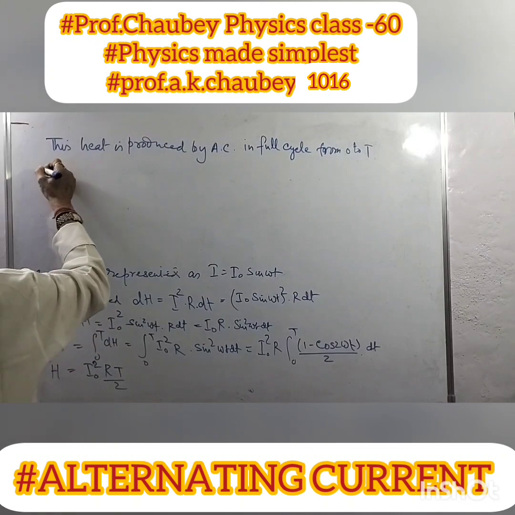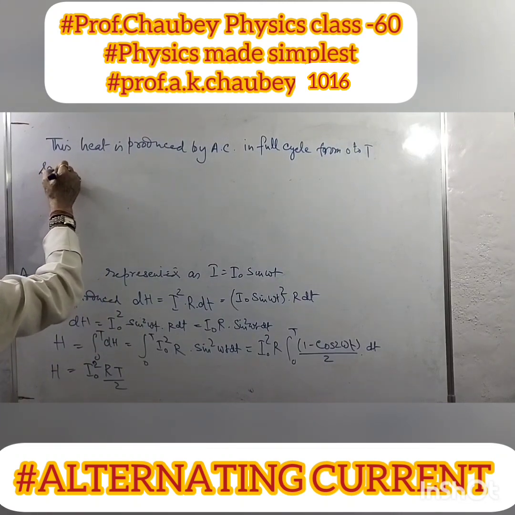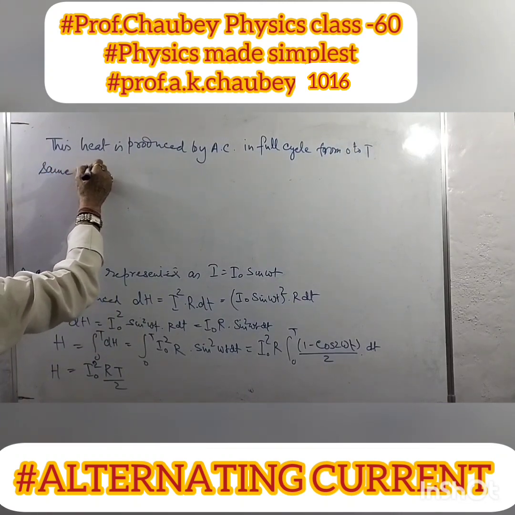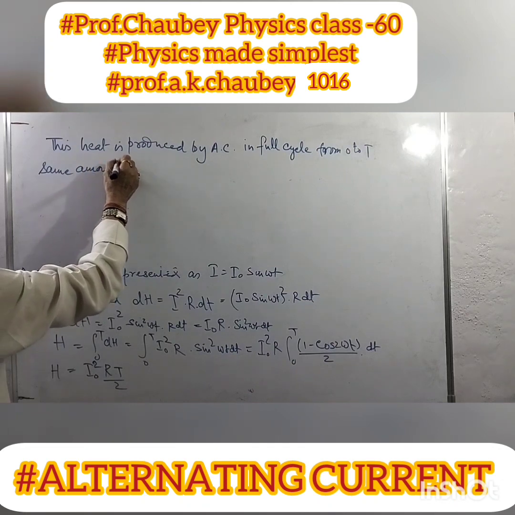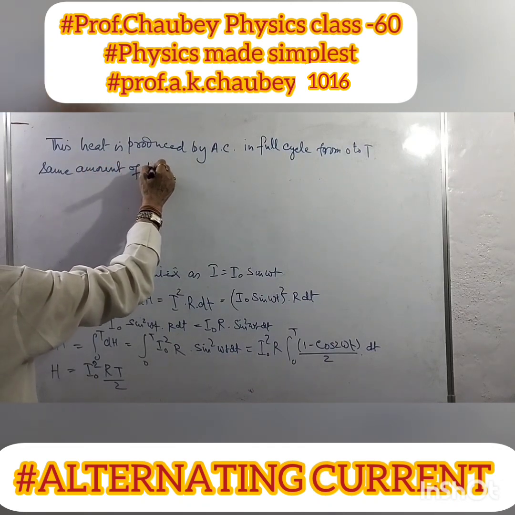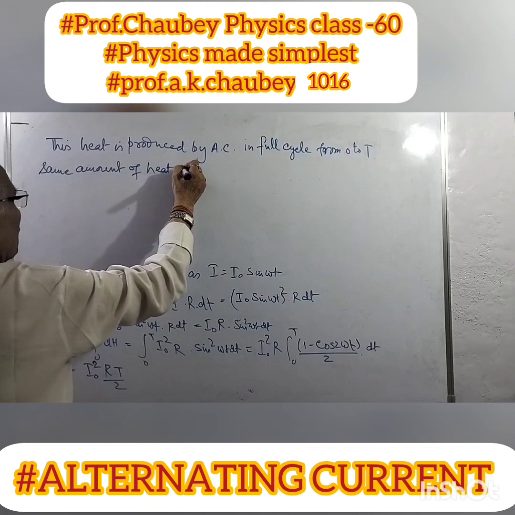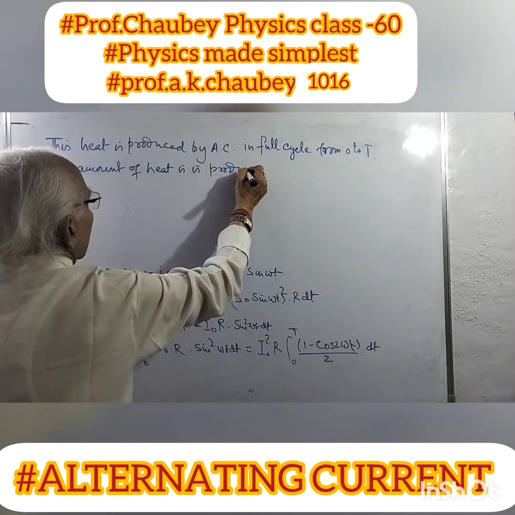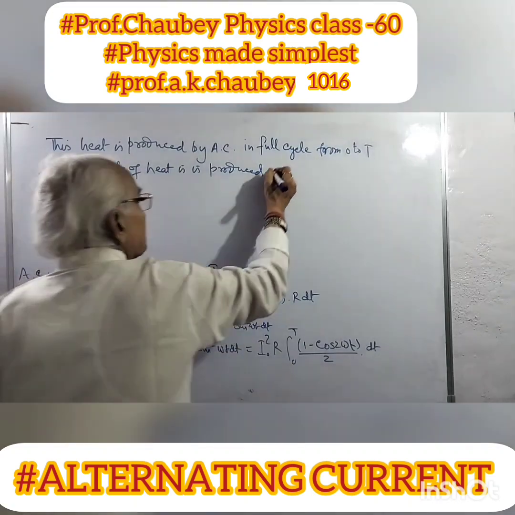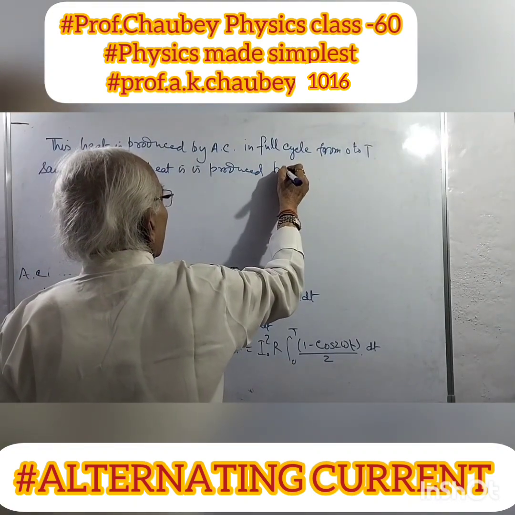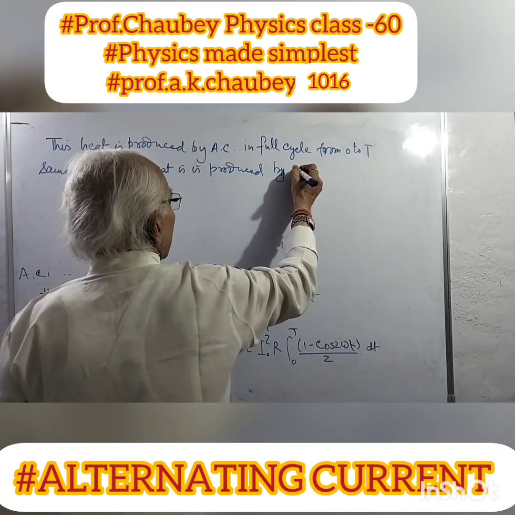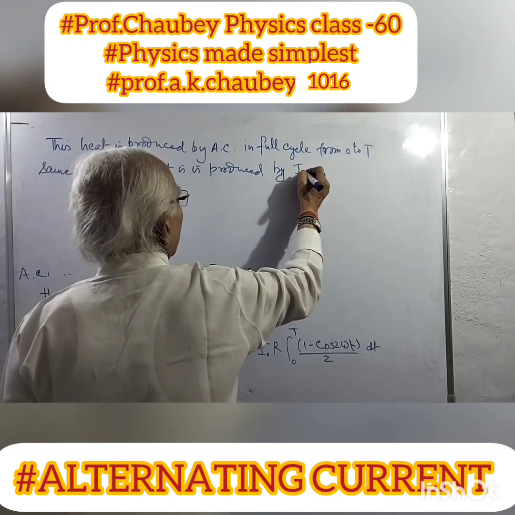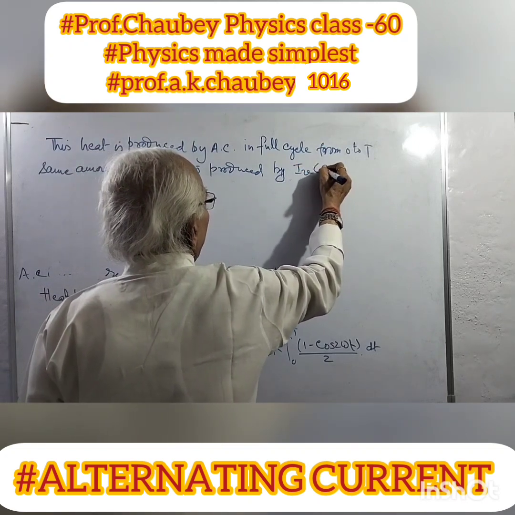The same amount of heat is produced by DC, say I V, that is the average DC.